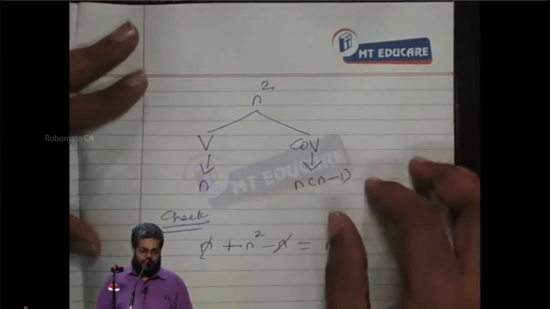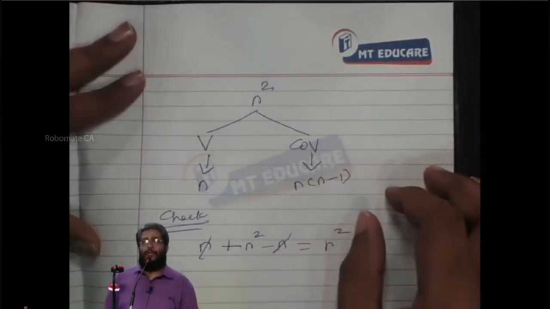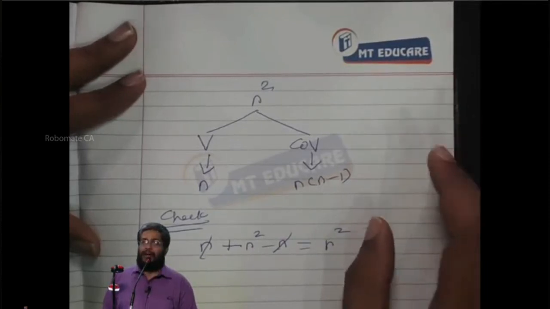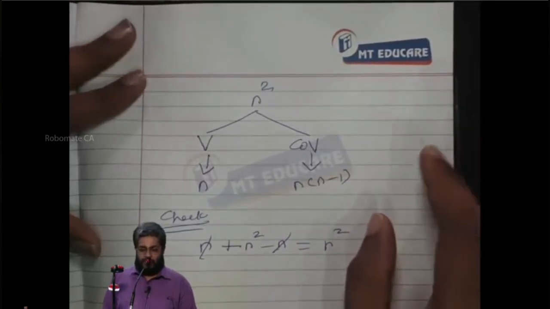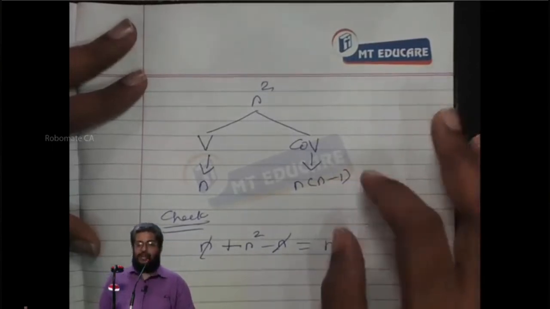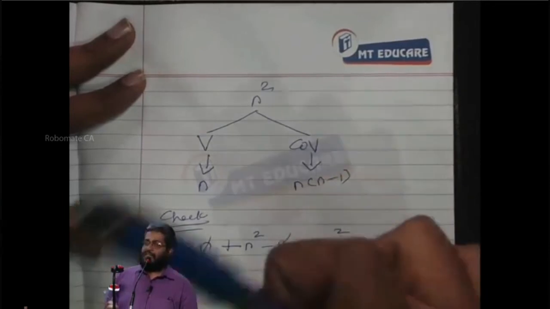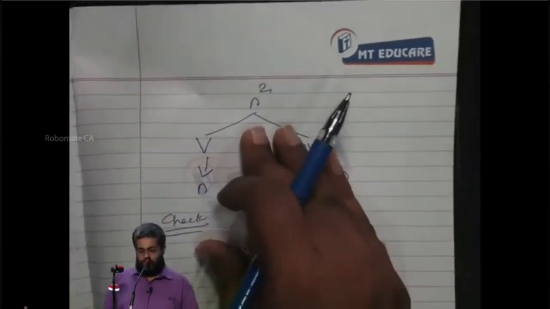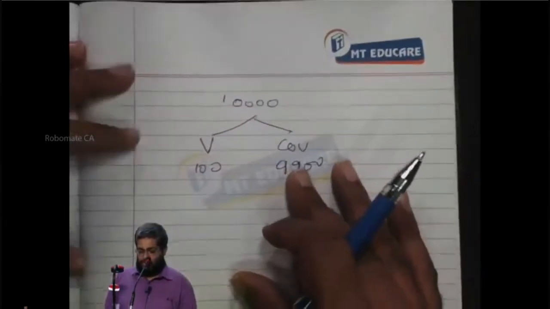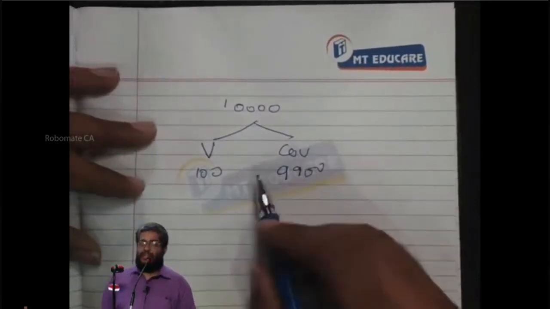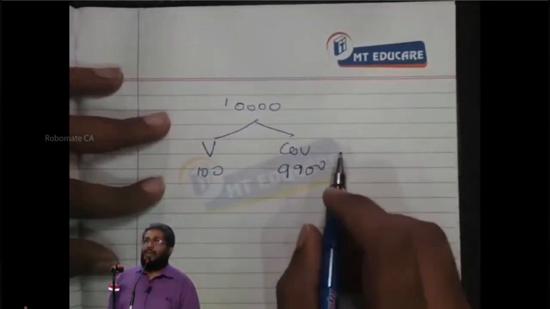It will have 100 squared, which is equal to how many terms? 10,000 terms. Branch that 10,000 into 2: variance and covariance.